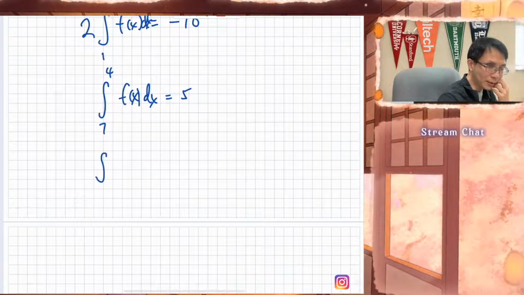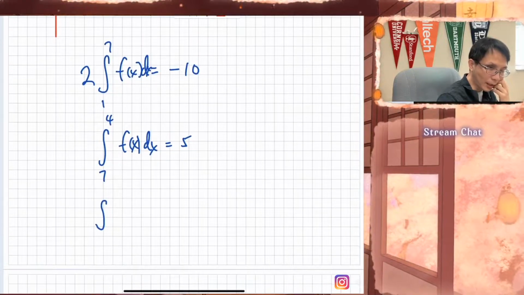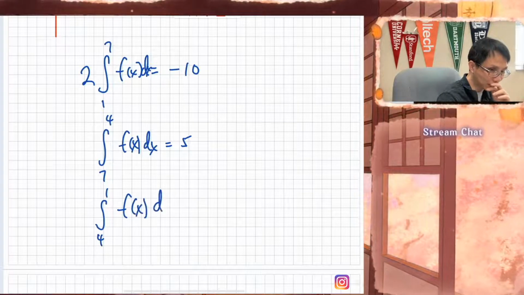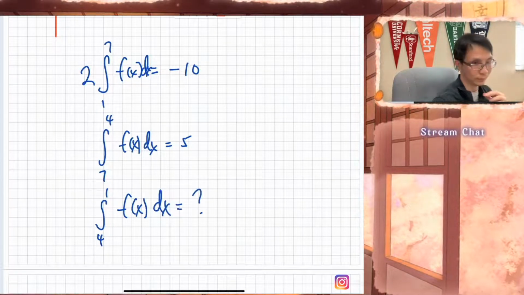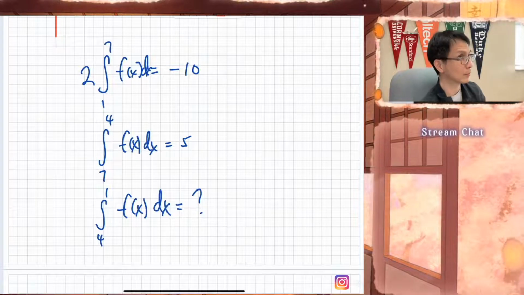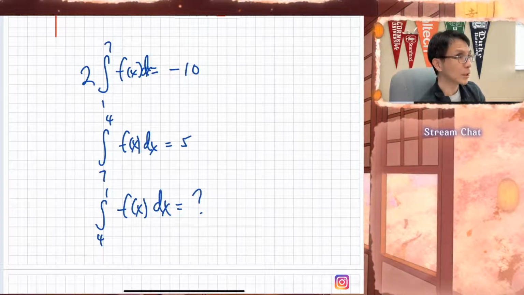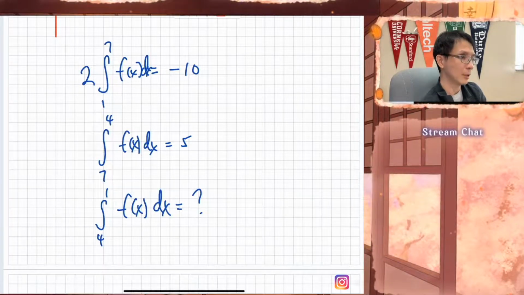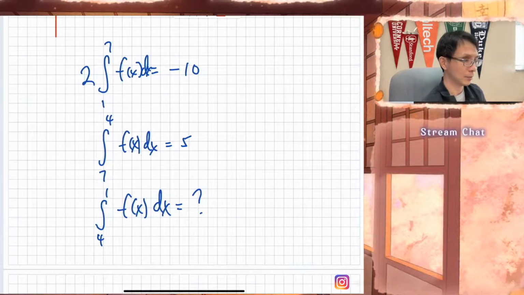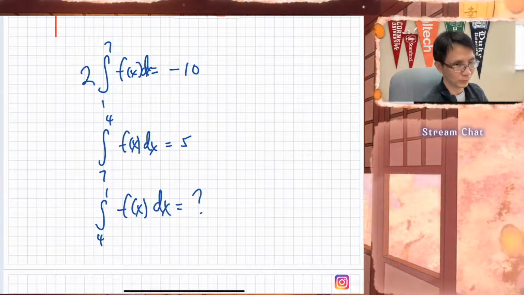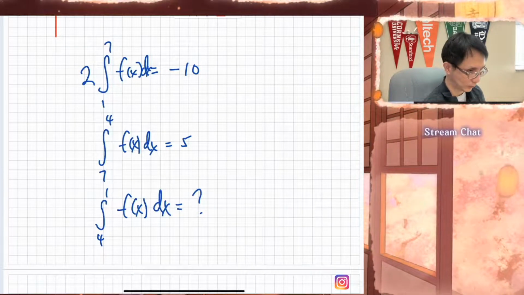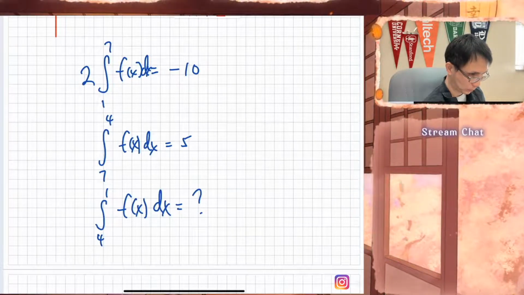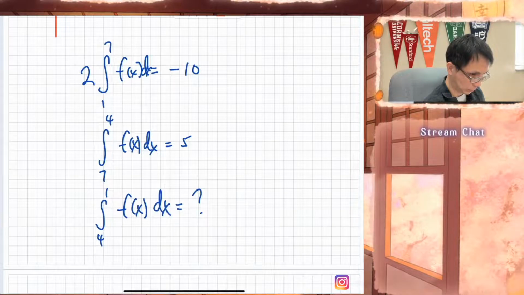What is integration between 4 to 1 of f of x dx? Remember, you're changing bounds. Remember also the low bound on the bottom. Those are the things that you gotta think about. Because you flip the 7 to the bottom, so it's going to be equal to the negative 10, right?